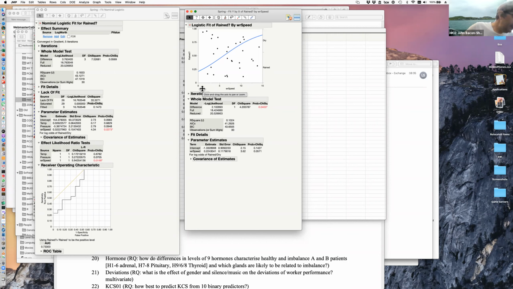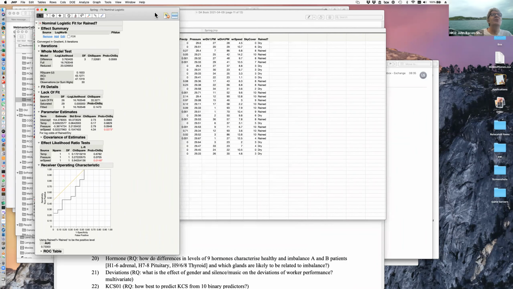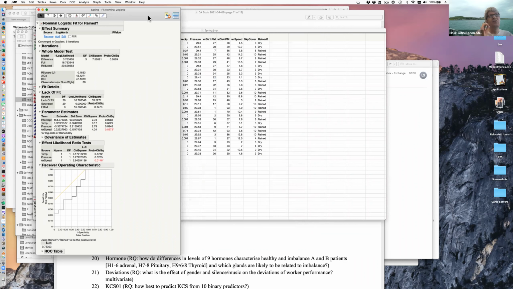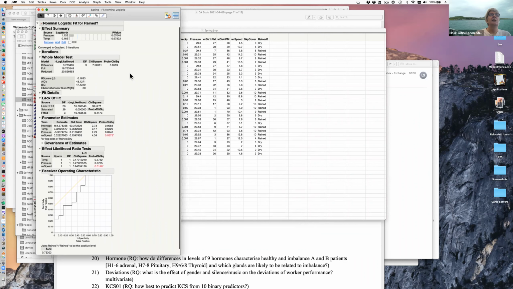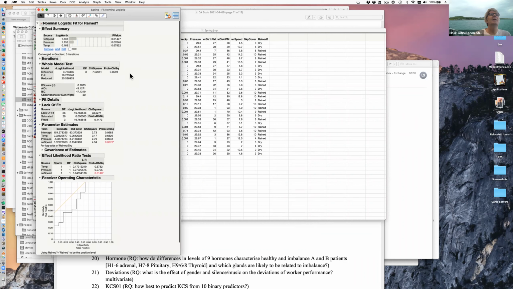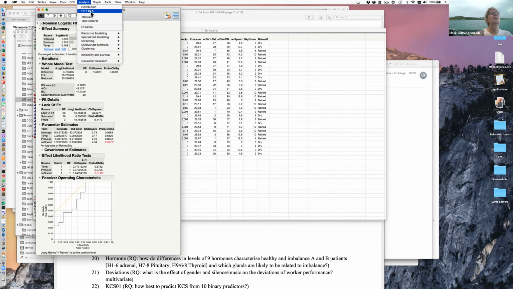Okay, so this means that we can easily fit. So although the model here is quite different, again, this is an iterative estimation process. Within JMP, we can easily switch between binary and non-binary data, and we can understand how this works. So for example, we could compare this to a model.